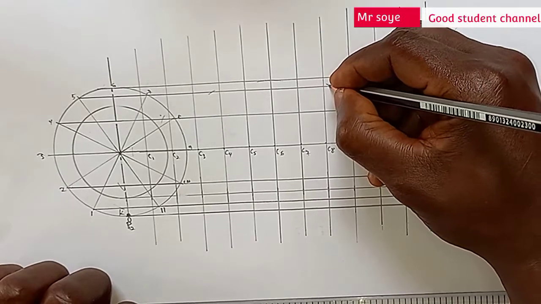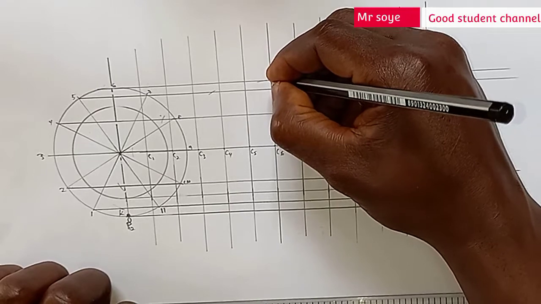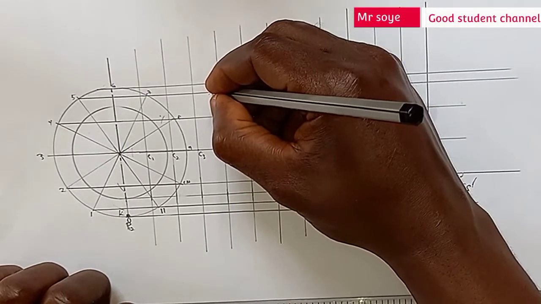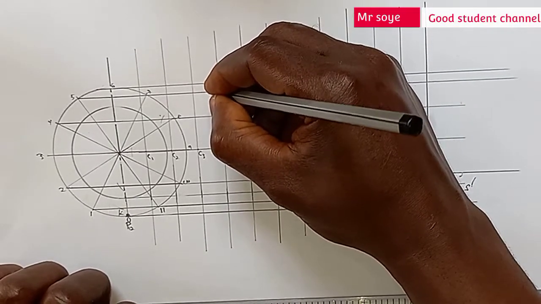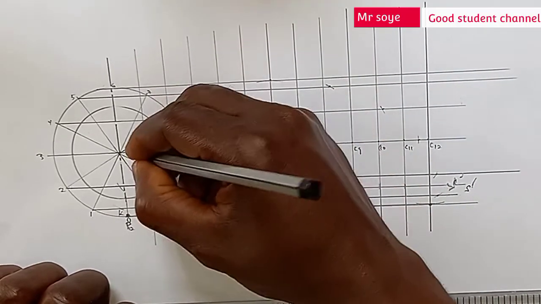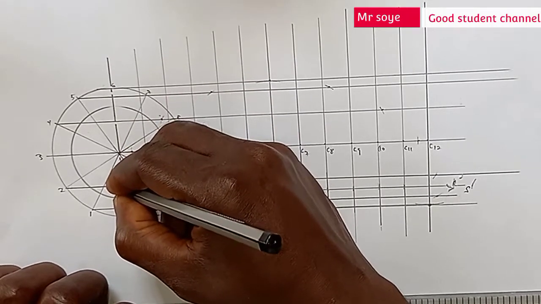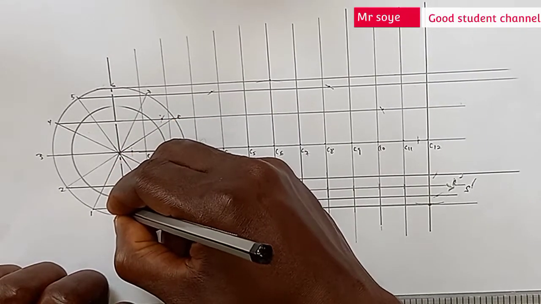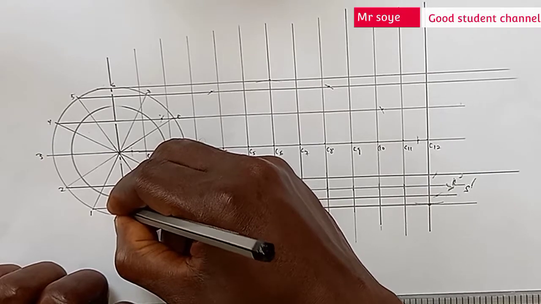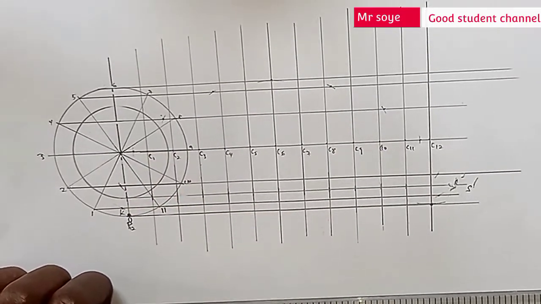Once you locate those points clearly, then get your French curve or flexible curve to join it. Now I'm going to teach you a perfect way of doing it using your French curve.